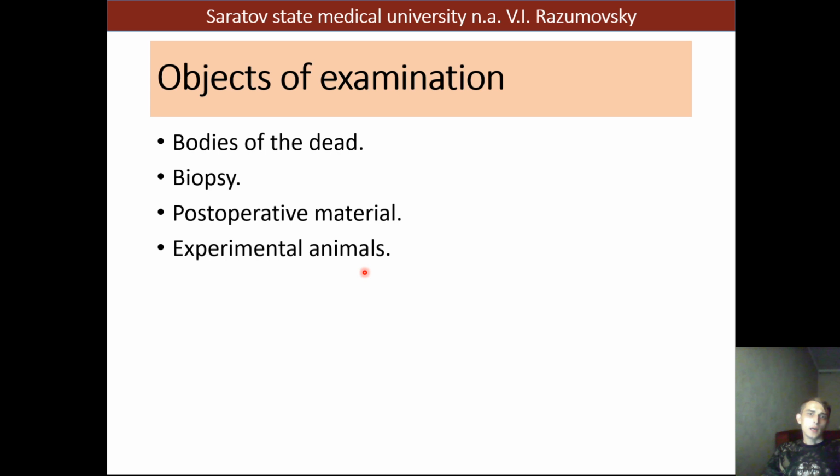Next. Objects of examination in pathological anatomy. Objects in pathological anatomy may be bodies of deceased people, biopsy material, post-operative material, and experimental animals. Most often pathologists deal with biopsy or post-operative material.